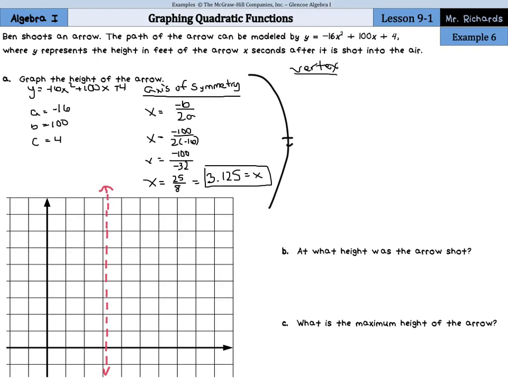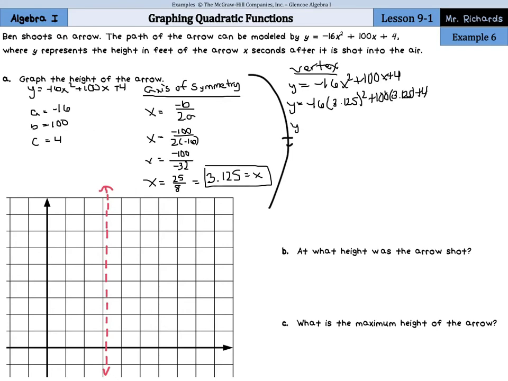In order to find that, we'll use our original equation, which is y equals negative 16x squared plus 100x plus 4. And we'll substitute in the 3 and 125 thousandths for each of the x's. So y is going to equal negative 16 times 3.125 squared plus 100 times 3.125 plus 4.